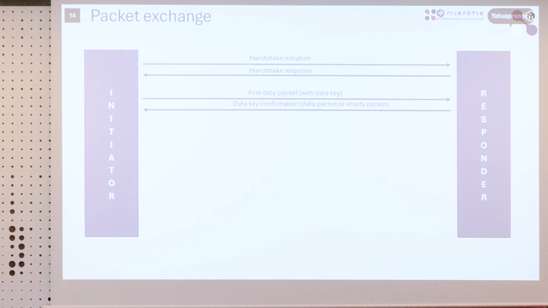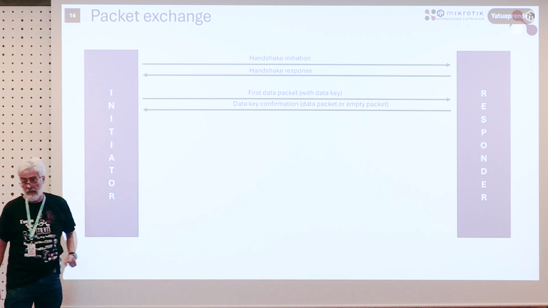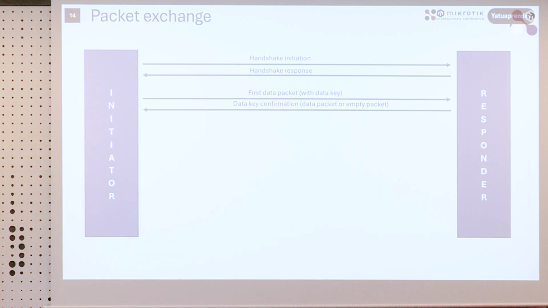Once finalized, the initiator sends a first data packet with the data key, and the responder sends a data key confirmation. This is aimed to do the three-way handshake of TCP. Because we're using UDP, we don't have confirmation of the handshake end.